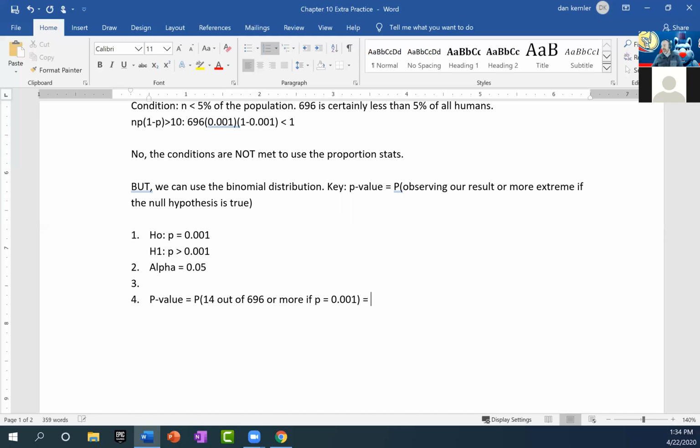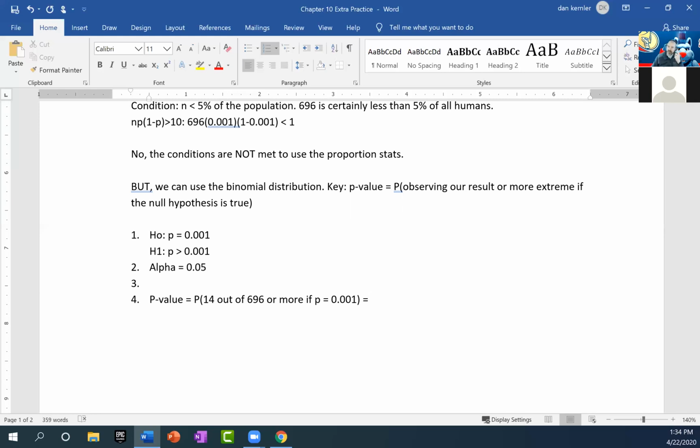You can actually use the binomial distribution to do that. Now we have this whole thing in chapter 8 where we get the sampling distribution of p hat and we make it into a normal distribution. We find its mean and standard deviation.